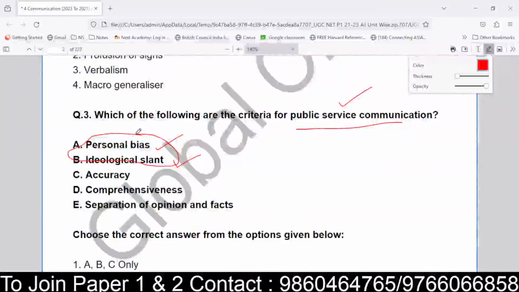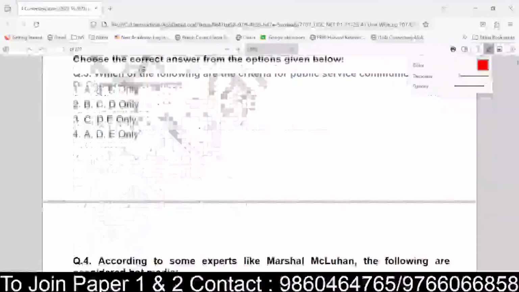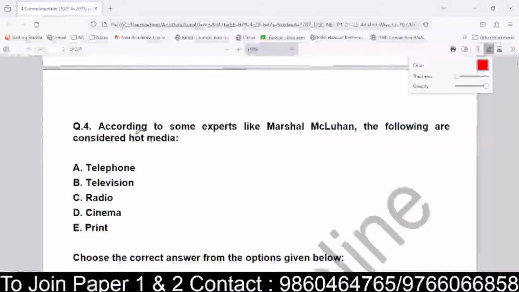I hope this is very clear to everyone who is having doubt in question number 3. Now those who are having doubt in question number 4, let's see why not this, why not that. That also I'll sort out. According to McLuhan, he has distinguished media such as hot media and cool media.